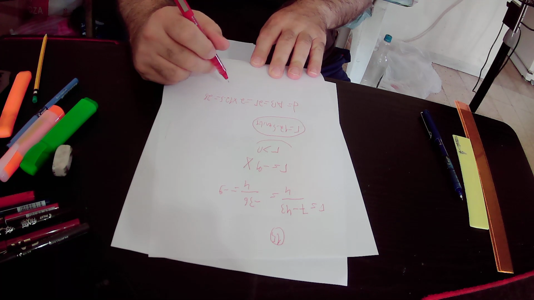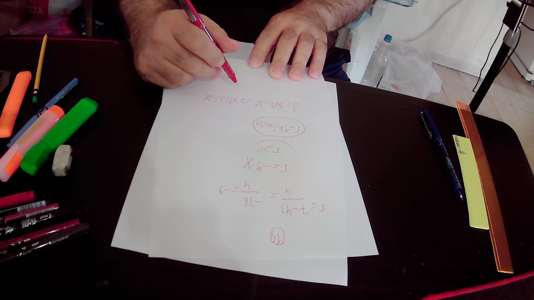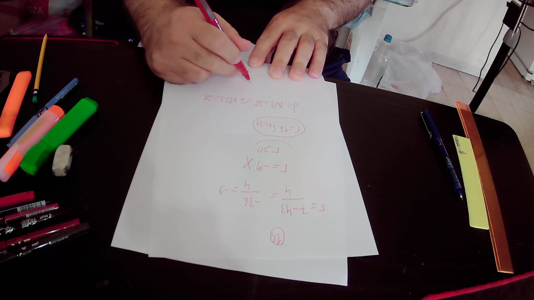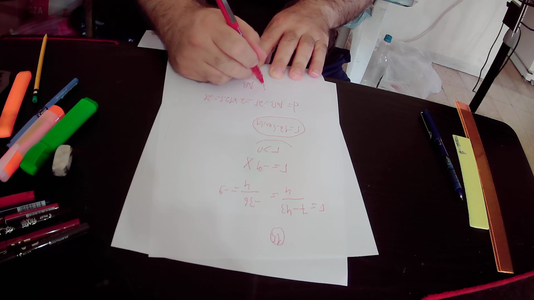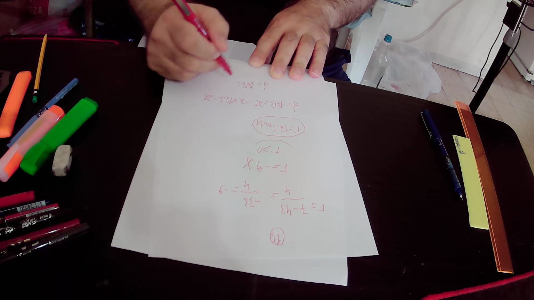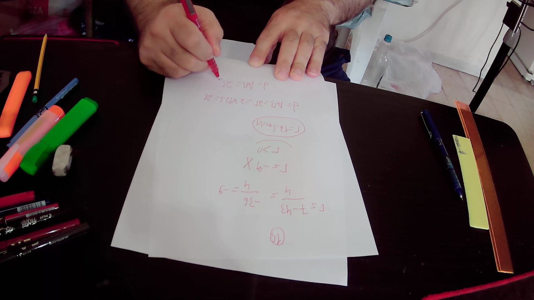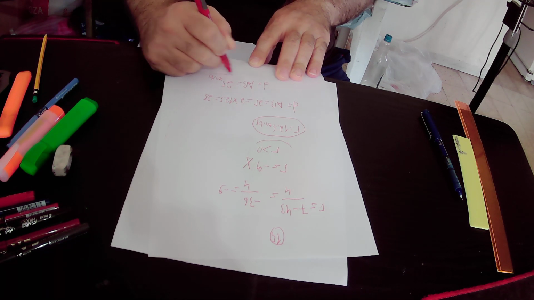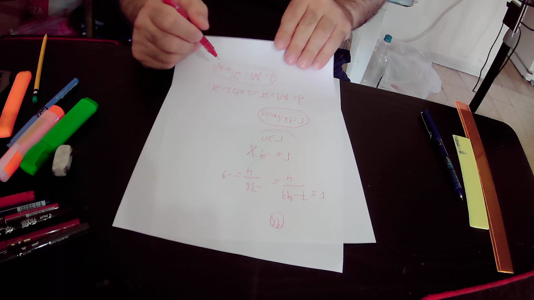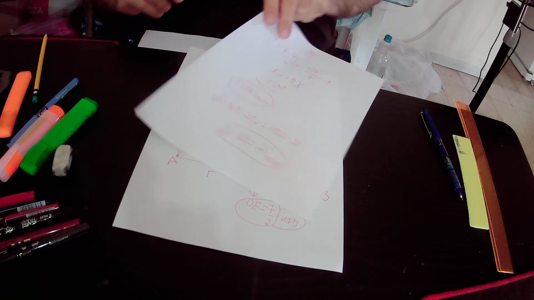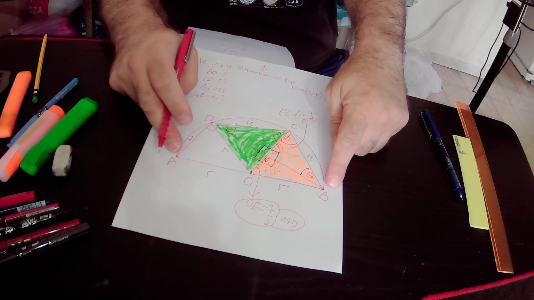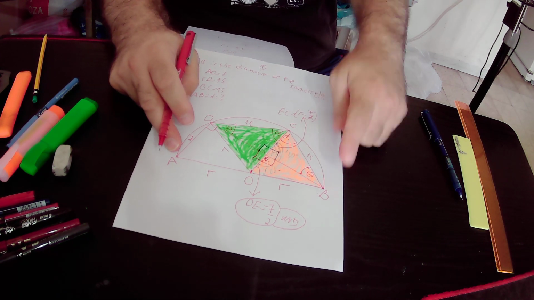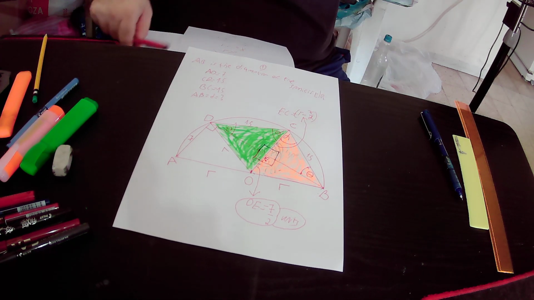So the diameter of the semicircle, that is AB, equals 25 units. Okay, so actually the final answer to the question is that the diameter of this semicircle, that is to say AB, equals 25 units. Okay, so now I'll summarize the lecture.